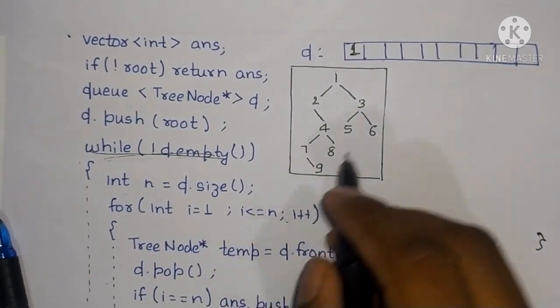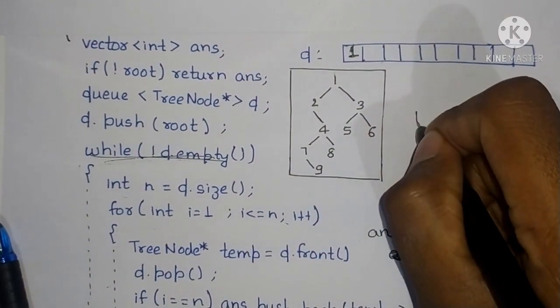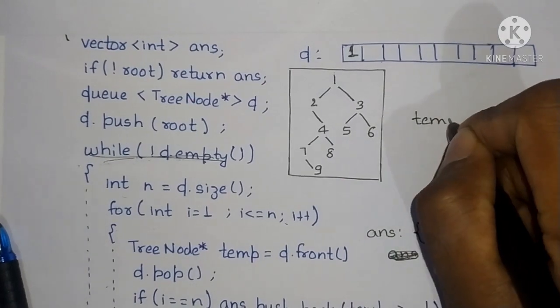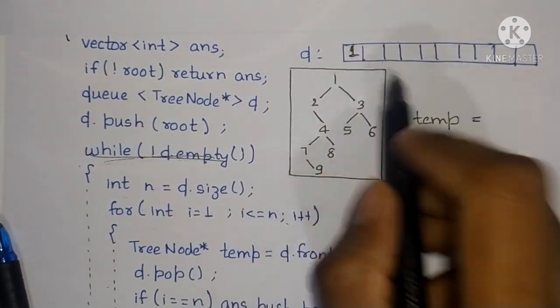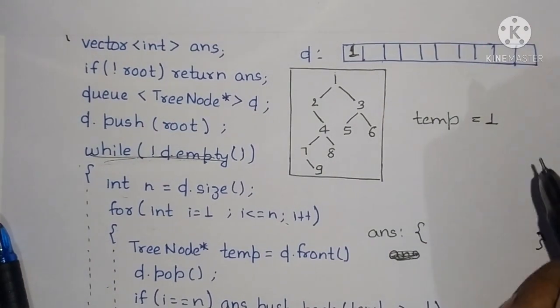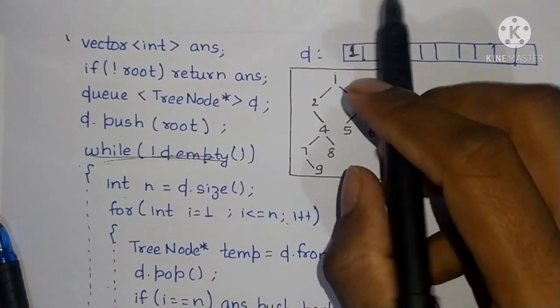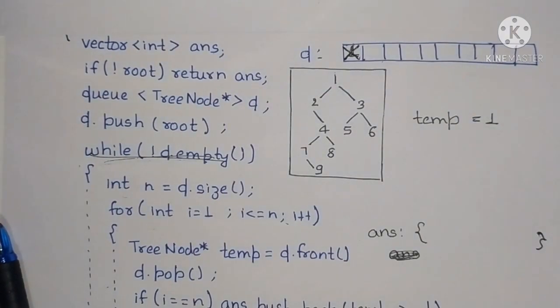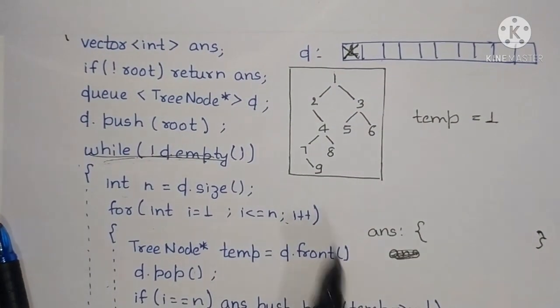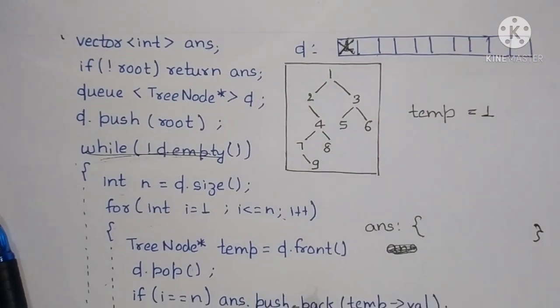This for loop will store the value encountered in a temp variable. First of all, the value at the front will be 1, so we store 1 in our temp variable, then we dequeue this element with q.pop, which removes the front element of the queue.